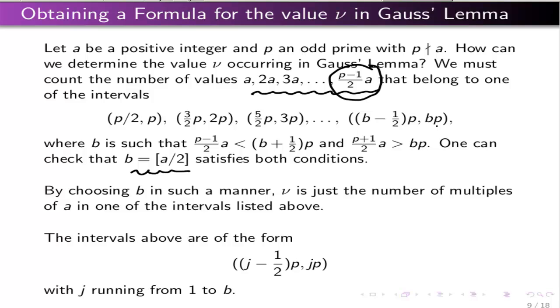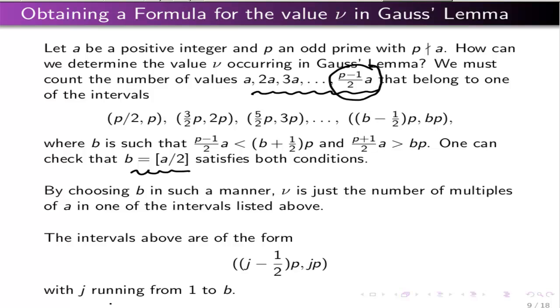In that case, notice that this is of the order a times p/2, which is exactly the order of magnitude we have here, a times p/2. So by choosing b in this manner, ν is just the number of multiples of a in one of the intervals listed above. And note, these intervals are of this form: you have one of these half type of integers here, ((j-1/2)p, jp), where j is running from 1 to b.